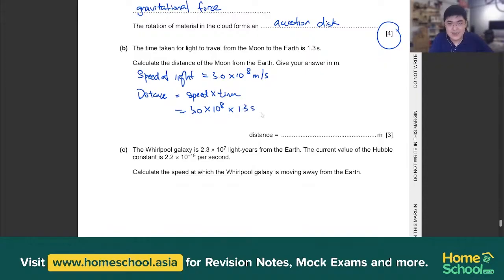Okay? And with that, we can just do the calculations. 3 times 1.3 equals 3.9 times 10 to the power of 8 meters, right? 3 times 1.3 equals 3.9. So easy peasy.